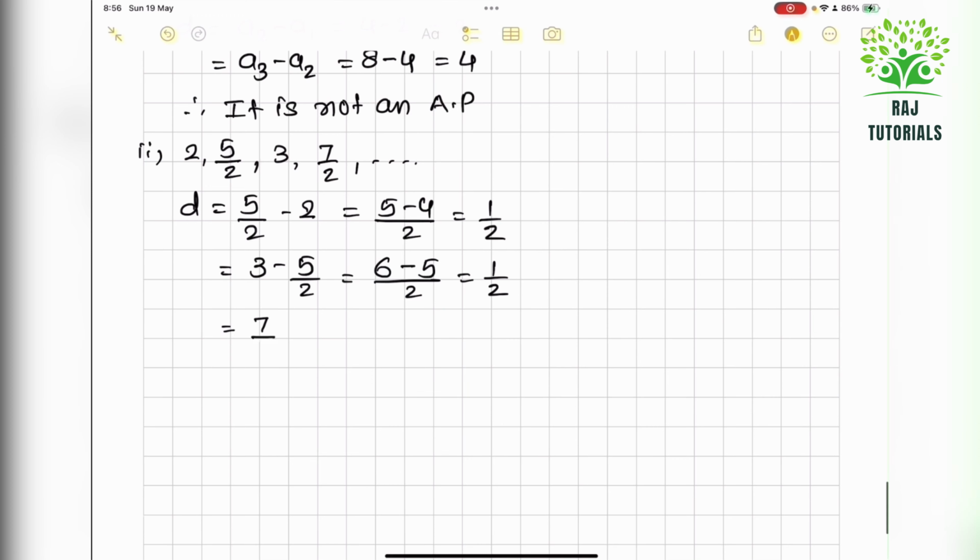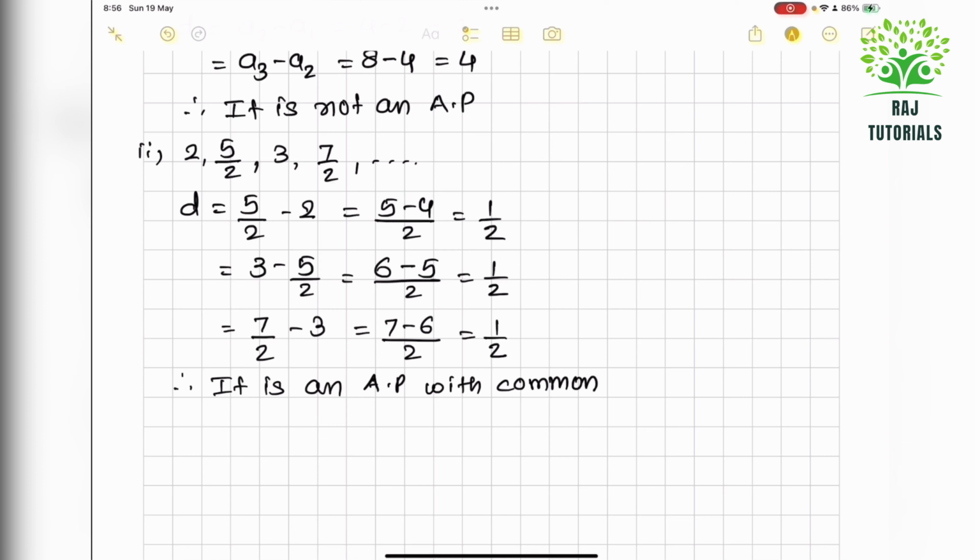Then 7 by 2 minus 3, so 7 minus 6 by 2, 1 by 2. Therefore, it is an AP with common difference D equal to half.